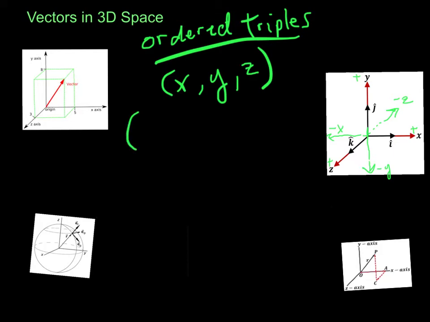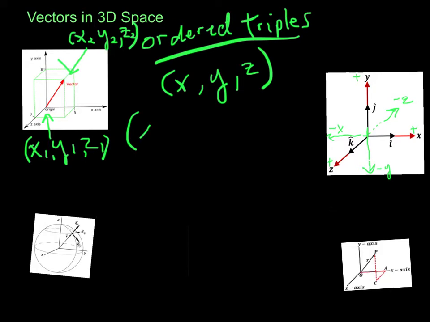And we figure them out the same way too. Let's say we have x1, y1, z1, and I'm going to let that be the origin. Then we also have x2, y2, and z2, which are the coordinates for the head.